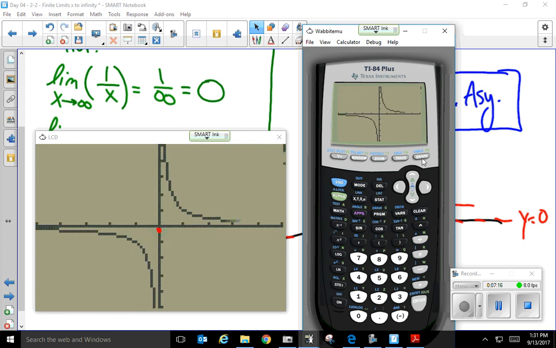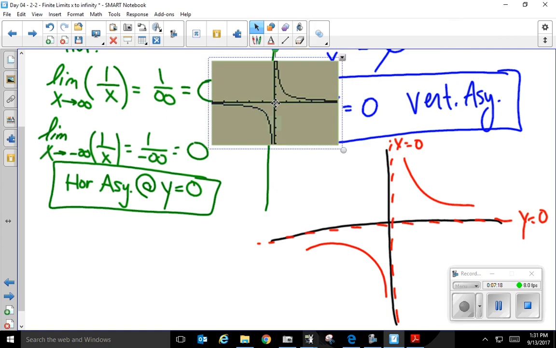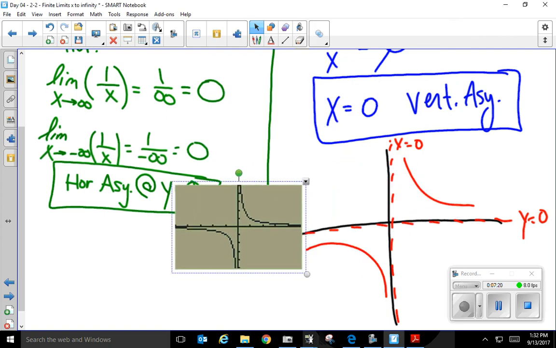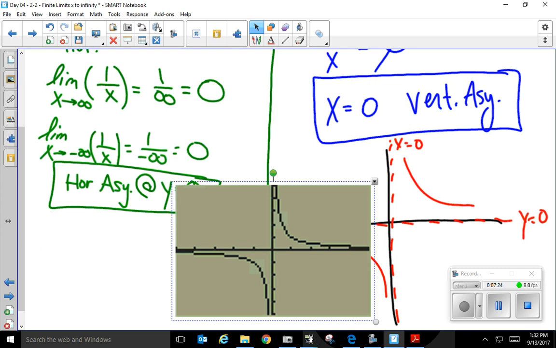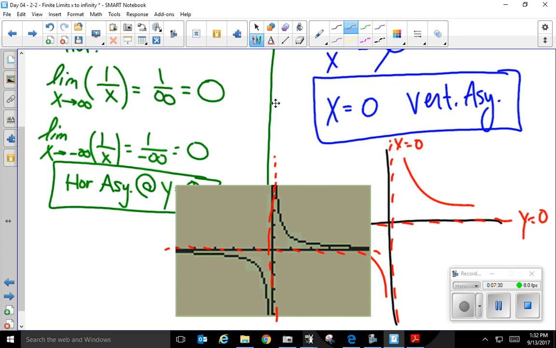Now you can see it a little bit better as you zoom in. And that's exactly how we said it would look, isn't it? And there is a horizontal asymptote here that it doesn't touch at y equals 0, and a vertical asymptote at x equals 0. So you see how you just look at the graph and see the proof of what's happening there?